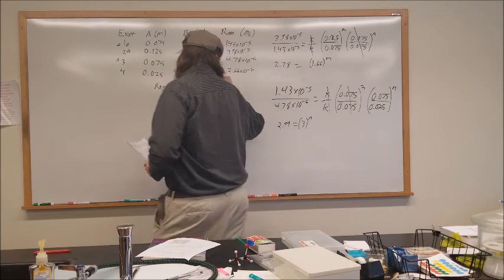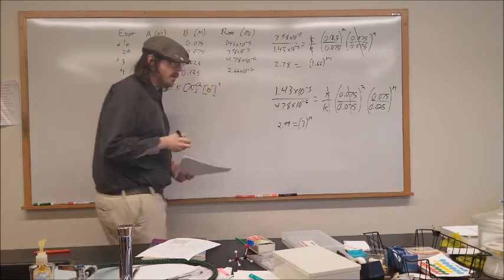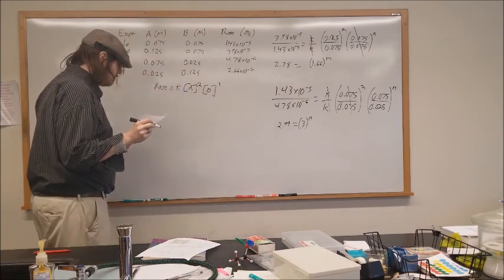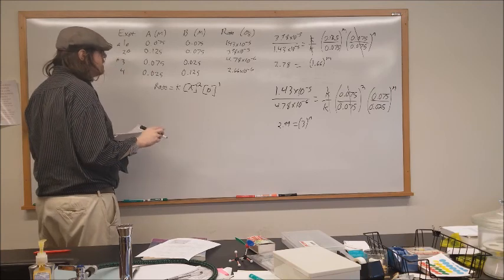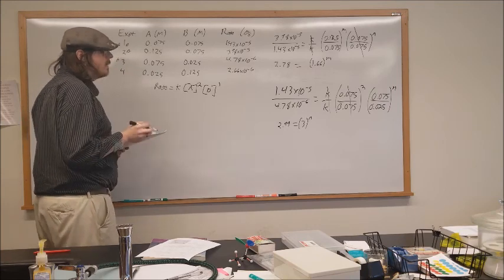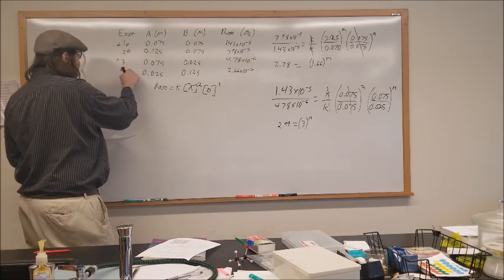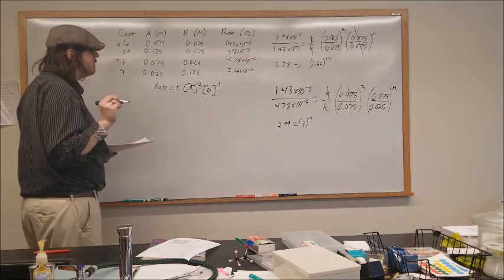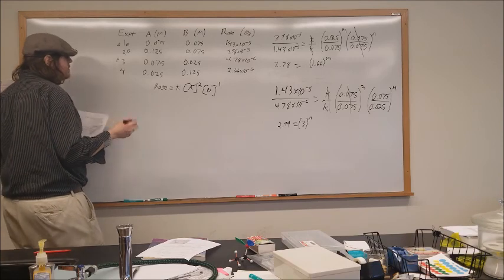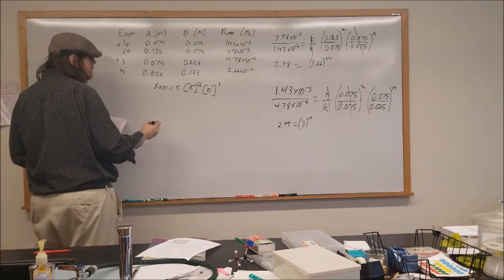So with that in mind, we have our rate law. Now we just need to plug one of these numbers in to get K. The beauty of this is if you set this up correctly, any of these experiments should give you K. I can use experiment 4 if I so choose.